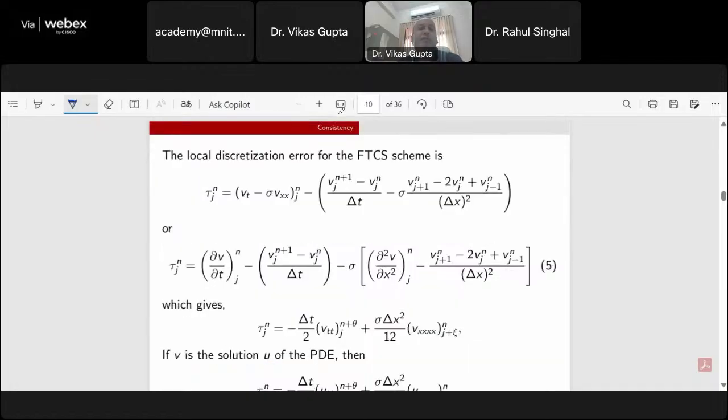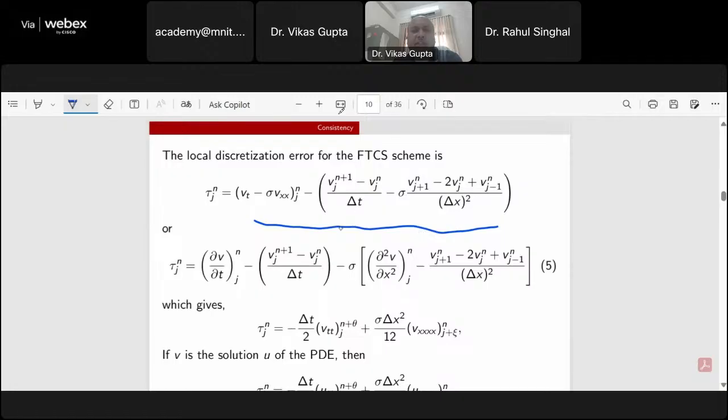Now, as per the above definition, the local discretization error for the FTCS scheme can be calculated in this way. That is, the differential operator at the point x_j, t_n minus the difference operator at the x_j, t_n point.